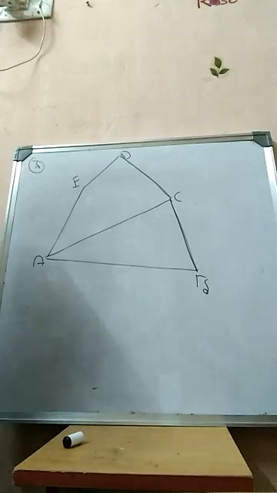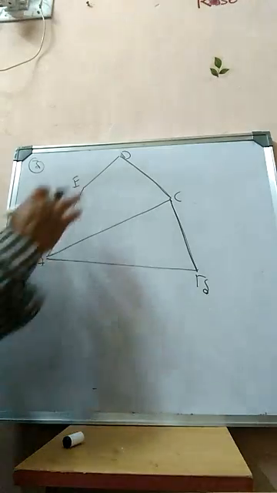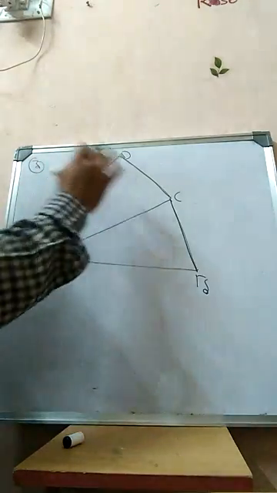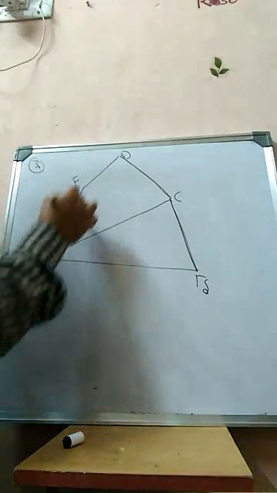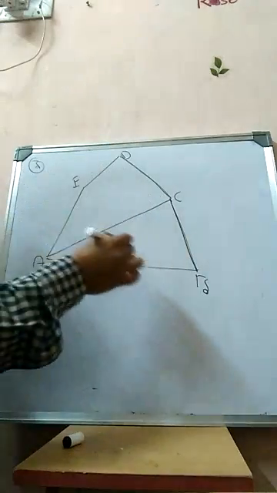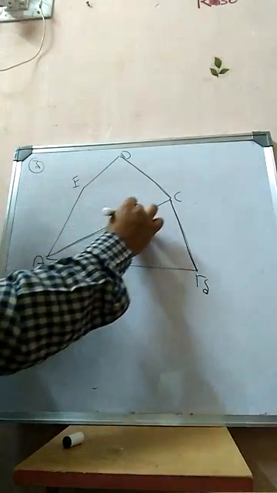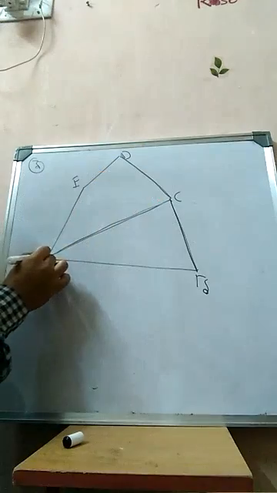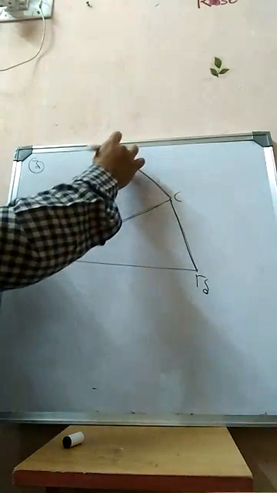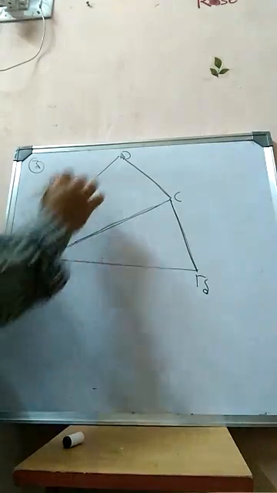See the third problem of exercise 11.4. One pentagon is given and diagonals are drawn here. ABCDE is a pentagon and AC is one diagonal. AD is also one diagonal here.